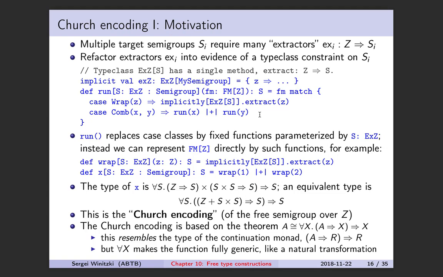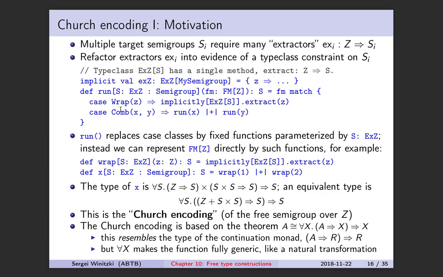So the main idea of what is called the Church encoding is to represent the free semigroup directly by these functions. Just skip the case classes. All these case classes do is to denote what needs to be done, what these functions will have to do when we run the free value.